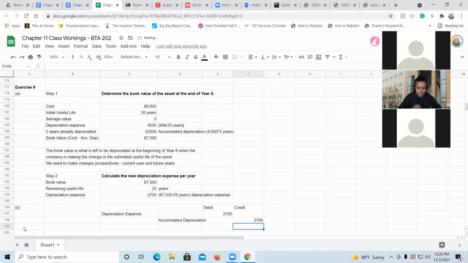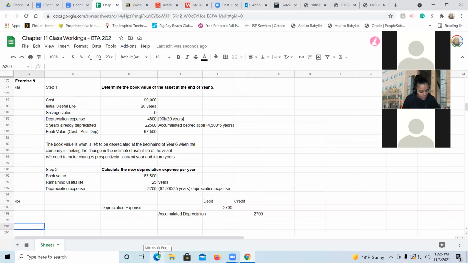The new amount. Notice how this amount is obviously less because we've increased the number of years over here. So if you want to do a sanity check on your work, if the number of years has gone up, and of course, you're also depreciating less of a balance, this number can't be bigger than your original depreciation expense. Okay, it has to be smaller.